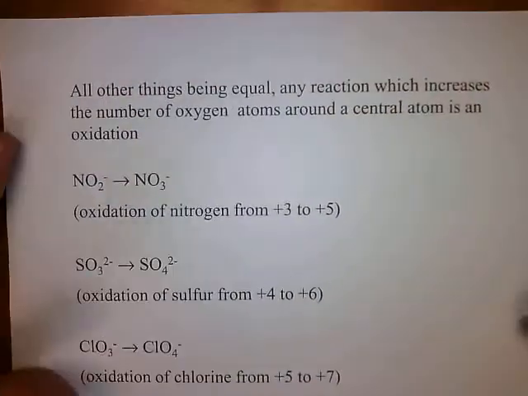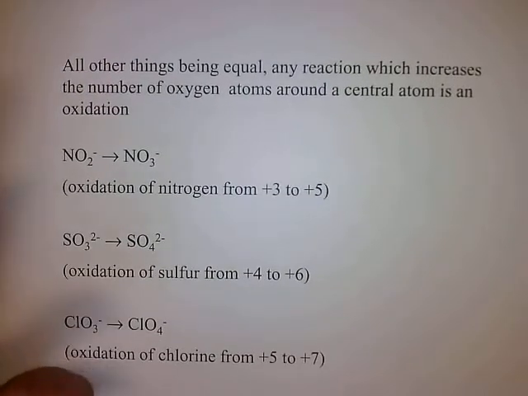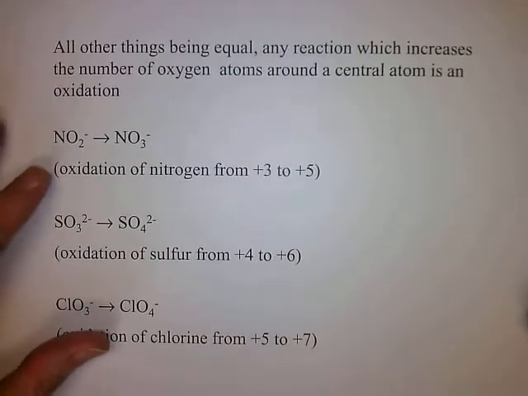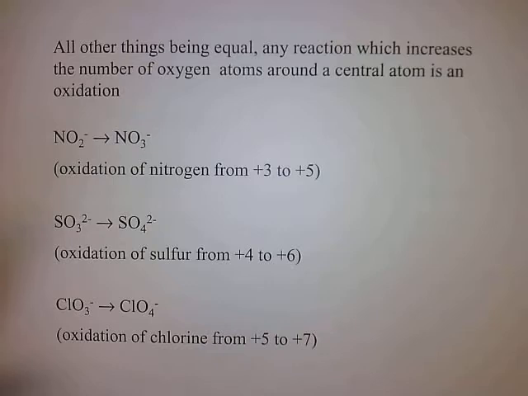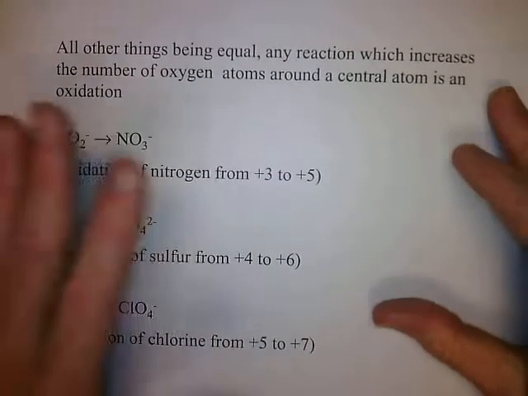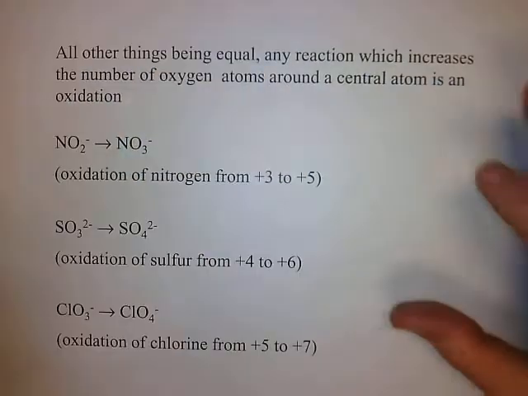So all other things being equal, you should be able to see this now. Any reaction which increases the number of oxygen atoms around a central atom is an oxidation. Now what do I mean by all things being equal?